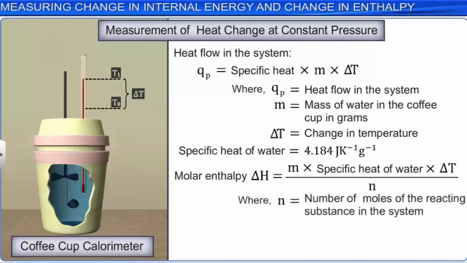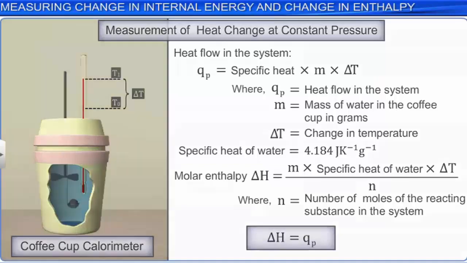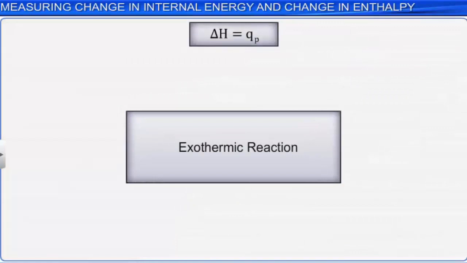It is important to note that when heat is absorbed or evolved by the system at constant pressure, we are actually measuring changes in the enthalpy. Therefore, delta H = Qp. In an exothermic reaction, heat is evolved and the system loses heat to the surroundings.